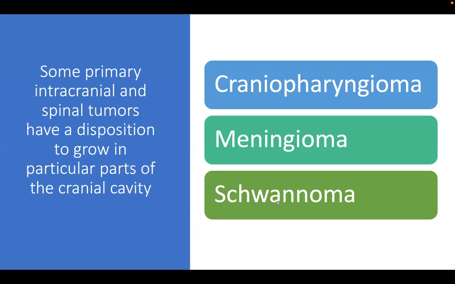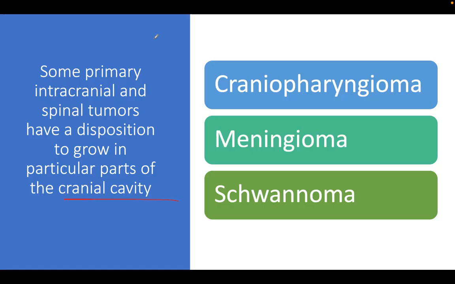Now, I would like to share with you that there are some primary intracranial as well as primary spinal tumors that have a disposition to grow in particular parts of the cranial cavity. Why? I would like to share with you these three tumors.